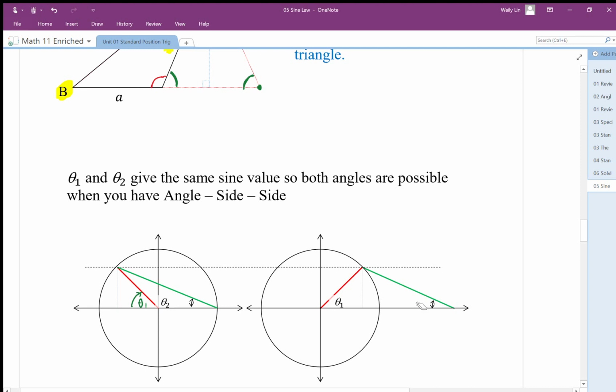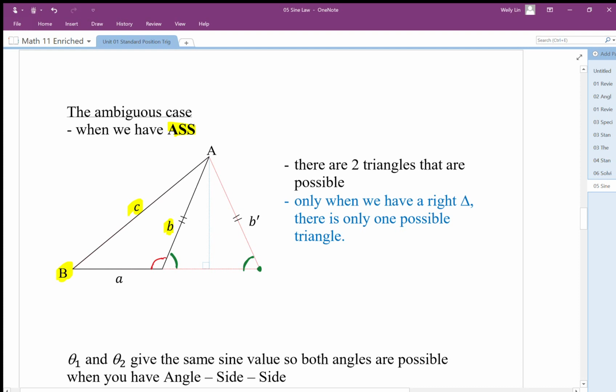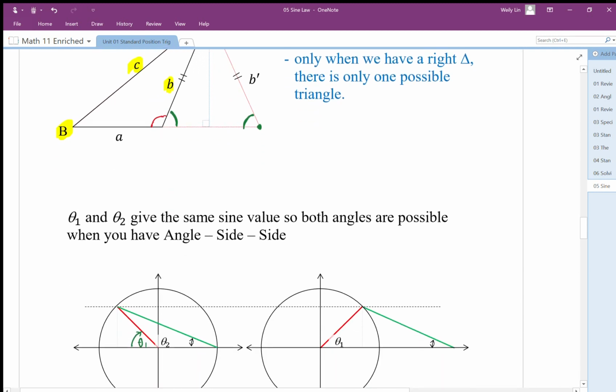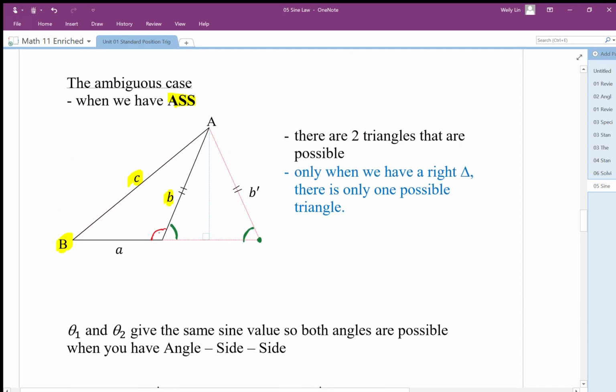Anytime we solve for sine, or undid the sine, we always had these two angles that we had to worry about. Well, this is the same thing here. In fact, they're exactly the same angles. We have theta 1. Our calculator will give us the acute angle, and we can find the obtuse angle by subtracting from 180. It's the exact same formula. Okay, slightly different diagram, but the exact same formula that gives us this other angle here.